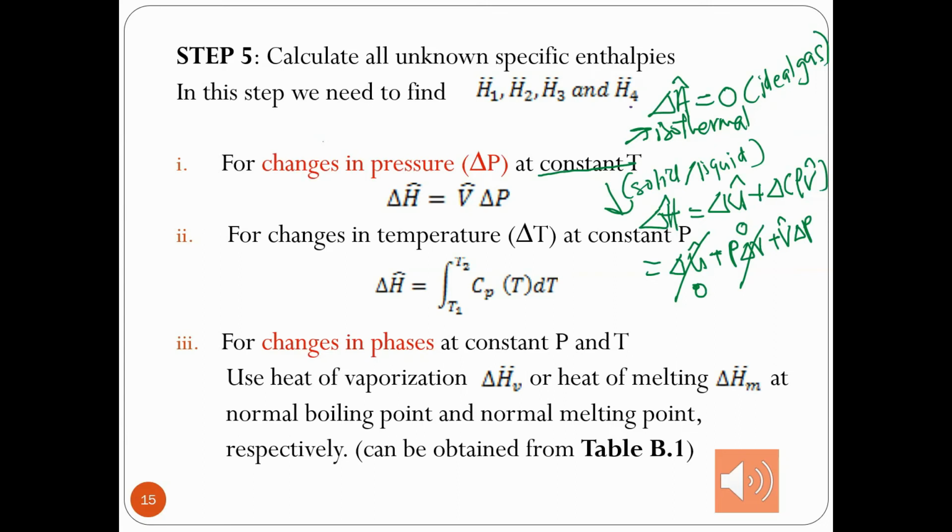Because we are referring to solids and liquids, as stated the process is isothermal, so your change of internal energy is going to be 0, and there's no change in the specific volume times the pressure term in that sense, so this is also cancelled out. The only thing left is the specific volume times the change of pressure.